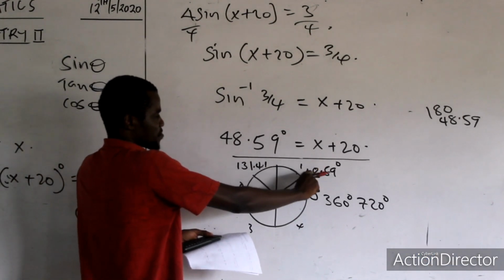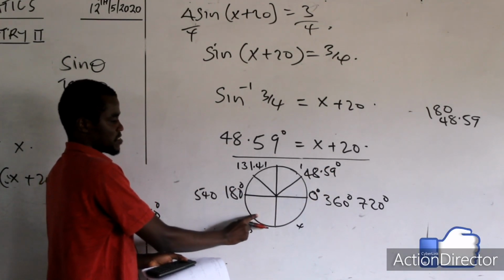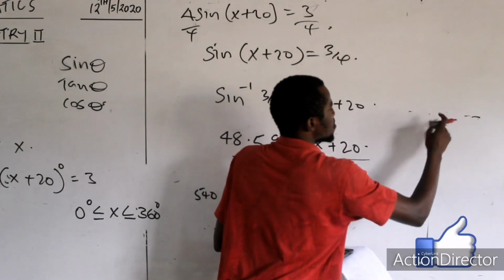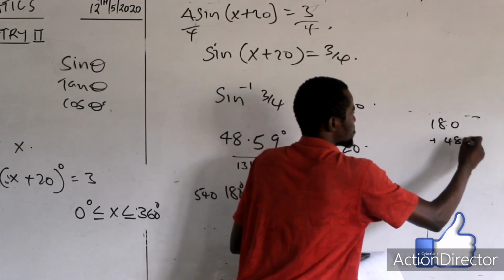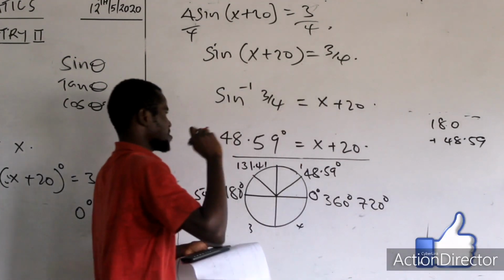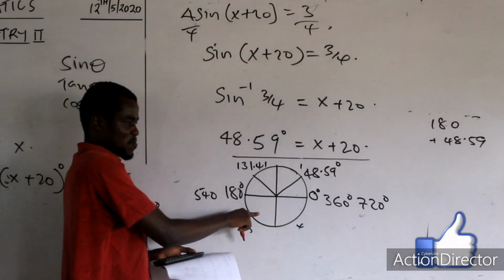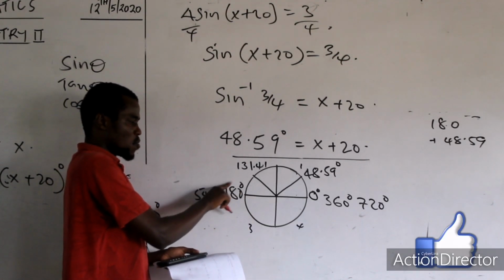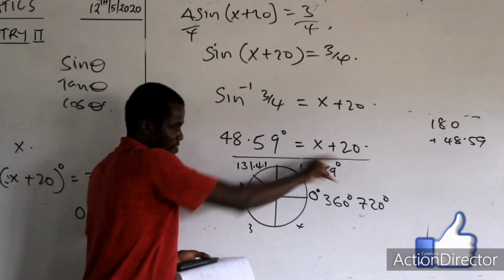The same value of sine 48.59 in the third quadrant will be 180 plus 48.59. The reason why we are adding is that the angle is found in the third quadrant, where we are simply past 180 degrees, beyond 180 degrees by 48.59.